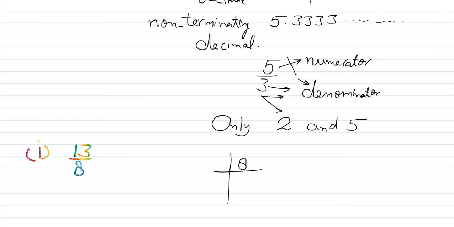We take the LCM of 8: 2 fours are 8, 2 twos are 4, 2 ones are 2. You can see all prime factors of 8 are 2. So in the denominator there is 2. So this is a terminating decimal.